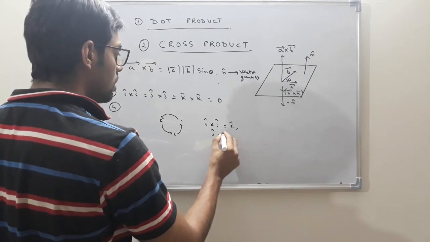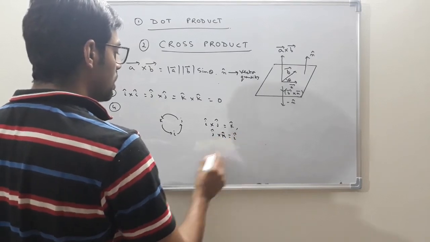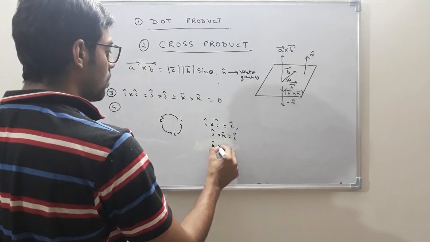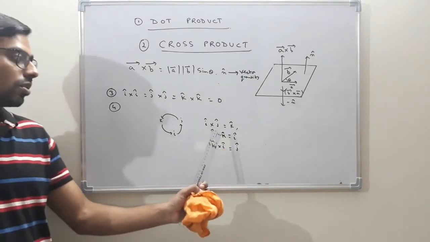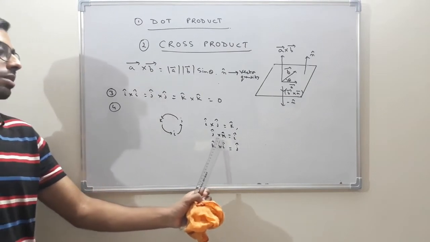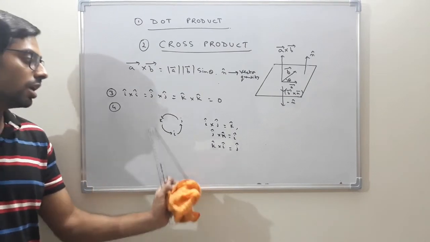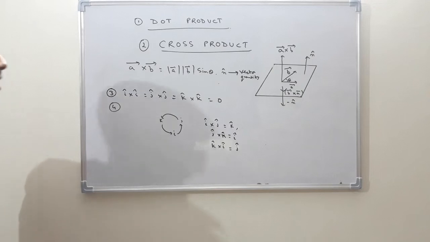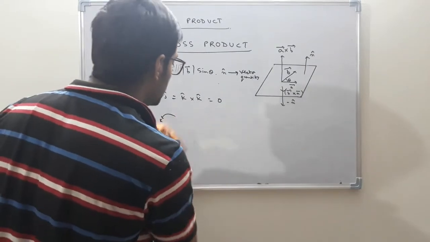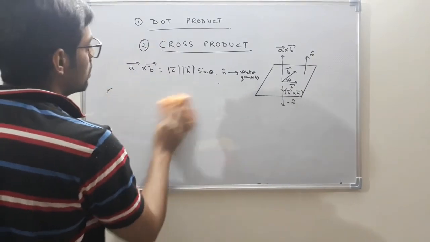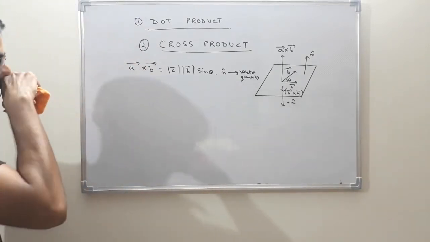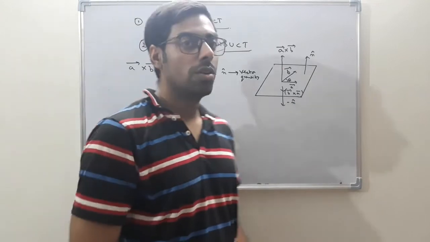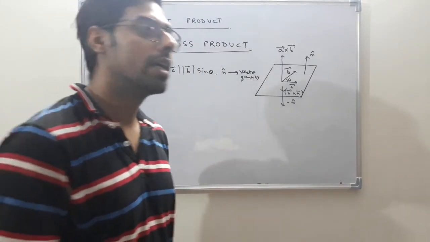J cross K results in I vector. K cross I results in J vector. So I hat cross J hat equals K hat. J hat cross K hat equals I hat. K hat cross I hat equals J hat. Okay. So these are the few points you need to remember about the cross product of two vectors. Okay. So this was the vector multiplication of two vectors.